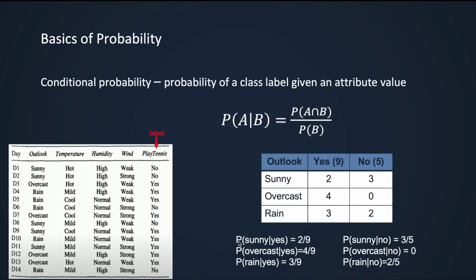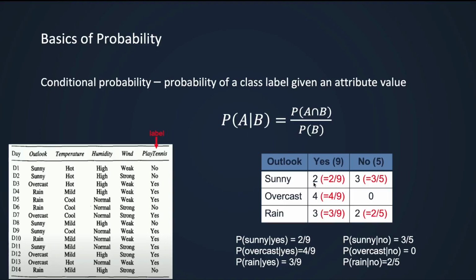The probability of sunny given playing tennis is 2 by 9. Similarly, the conditional probability of sunny given not playing tennis is 3 by 5. This way we will be calculating the conditional probability of outlook values with respect to the labels.